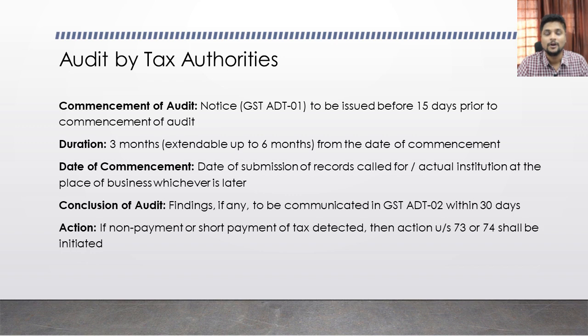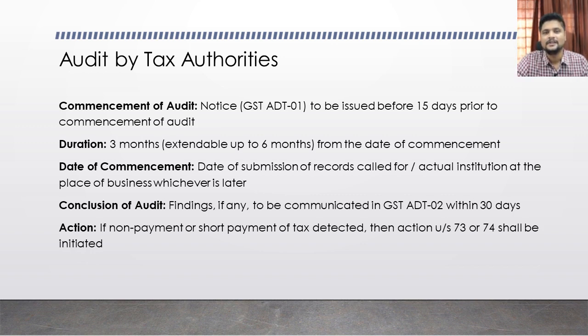Now let us understand what the date of commencement is. Date of commencement is nothing but the later of these two. One is submission of records called for by the authorities. If the authorities have issued a notice asking for certain documents or records, and you submit them, the date of submission is one date.